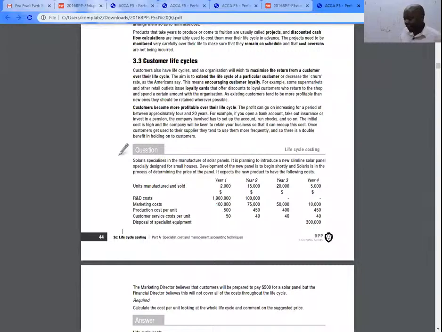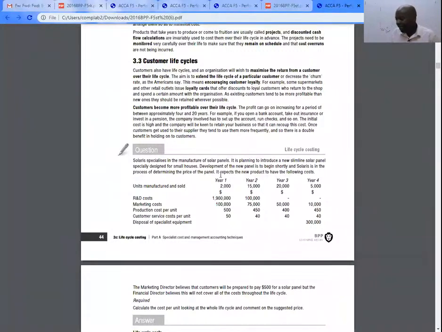The same case with customer service cost, I can see per unit, so I must always do that simple thing. How about the disposal cost? They have not made mention of the word per unit anywhere, so I'll only take it the way it is, 300,000.